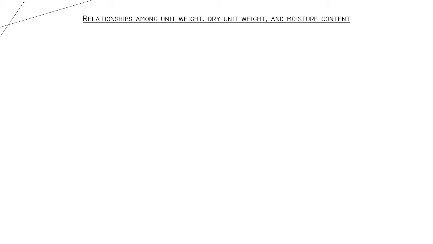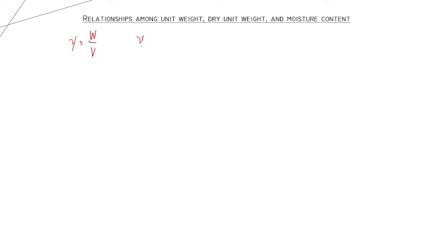So next is the relationship among the unit weight, the dry unit weight, and moisture content. So this is very similar to the previous relationship that we have discussed. So the moist unit weight, gamma, is equal to the total weight all over the volume.